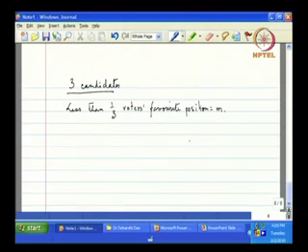But before we start to prove this, let us look at the significance of this assumption.